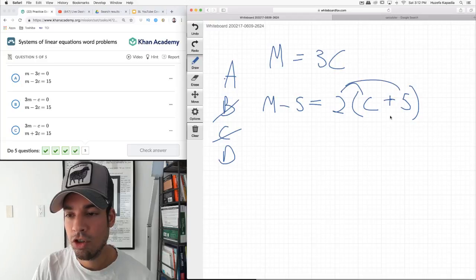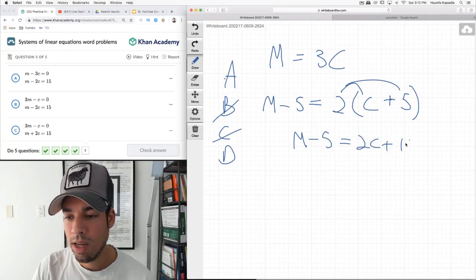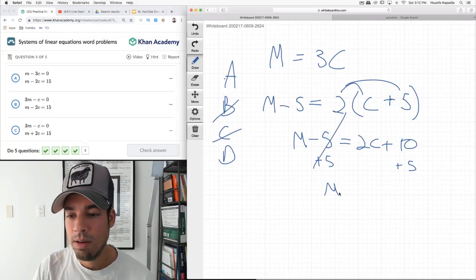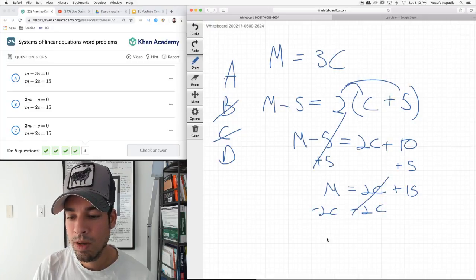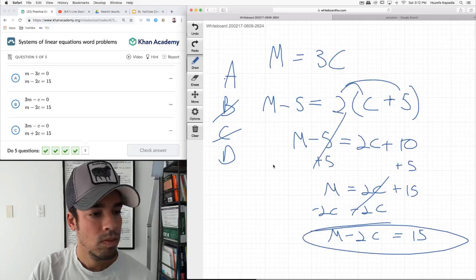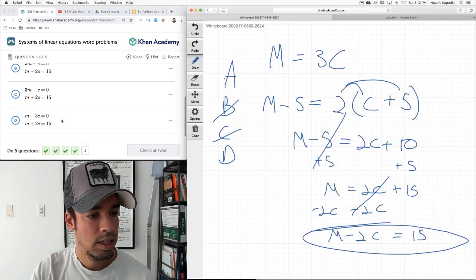So distribute this, it's M minus 5 equals 2C plus 10. I'm going to add 5 to both sides. M equals 2C plus 15. I'm going to subtract 2C, M minus 2C equals 15. And that's A, not D.